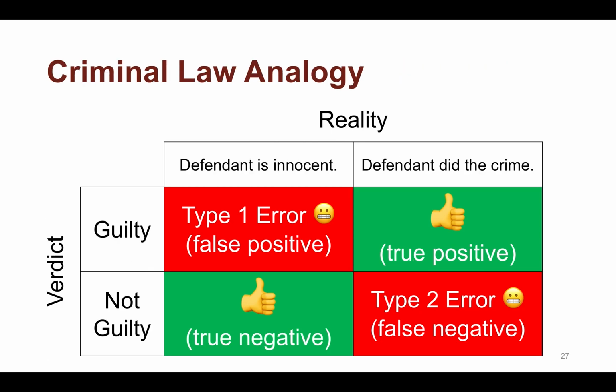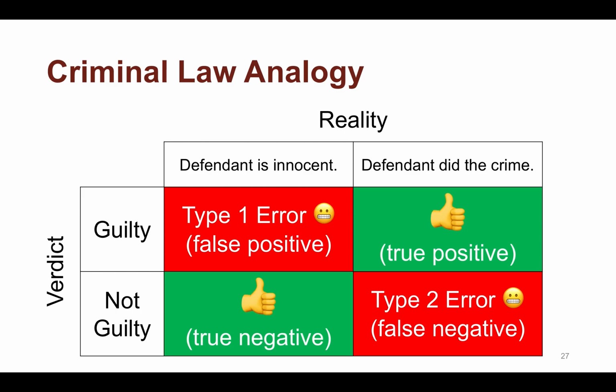So just some other analogies to help make this point clear. If you're talking about a criminal trial, and there's a jury that's going to decide whether the defendant is guilty or not guilty. If in reality the defendant is innocent, but the jury finds them guilty, then that's committing a type 1 error. That's basically putting someone who's innocent maybe in prison for something that they didn't do.